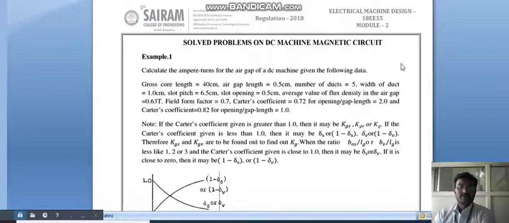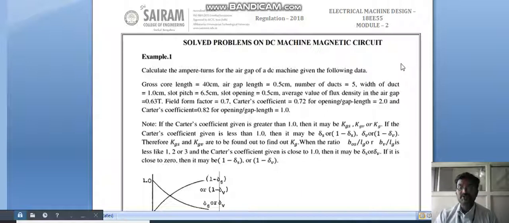In this problem, note that if the Carter's coefficient given is greater than 1.0, then it may be Kgs, Kgv or Kg. If the Carter's coefficient given is less than 1, then it may be delta s, or 1 minus delta s, or delta v, or 1 minus delta v. Therefore, we are not to find Kgs or Kgv, we are to find out Kg.